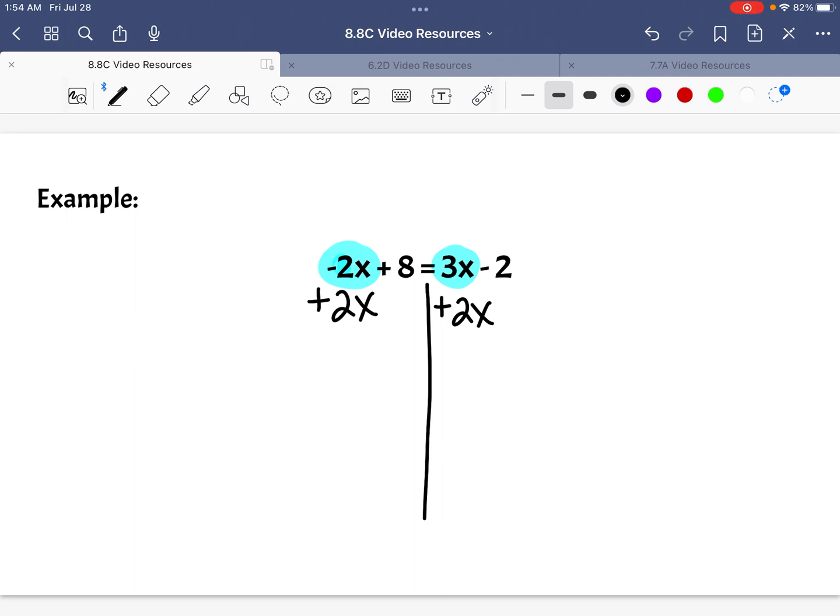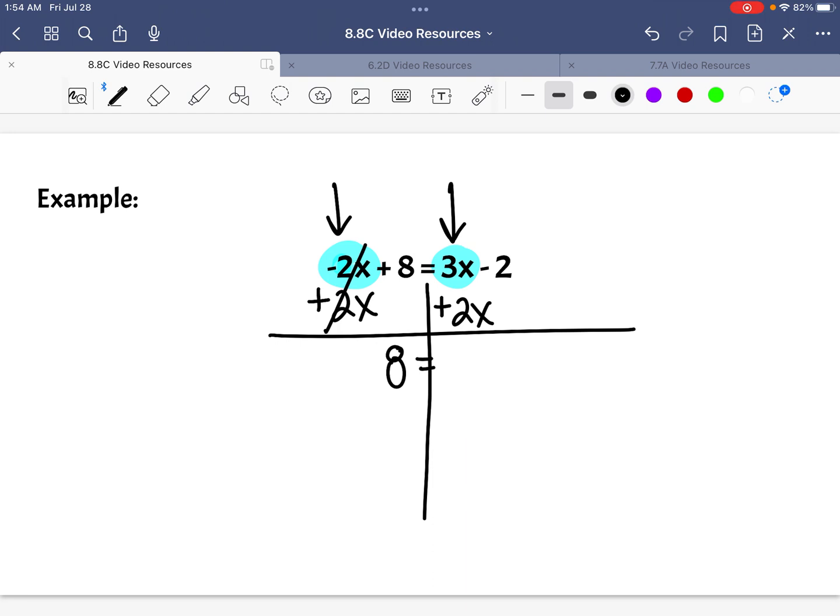And think of x's and constants, or variables and constants, kind of like place value. So when I combine these, I'm only adding the 2x to the place value that has another variable. So -2x plus 2x, that just cancels out and makes 0. And I'm left with a +8.